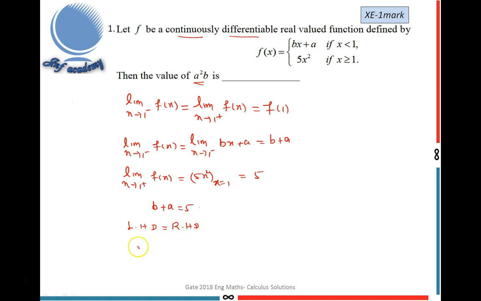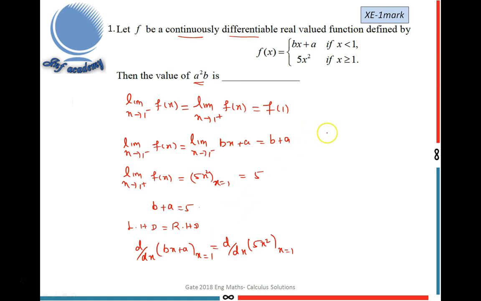That means d by dx of the left hand piece, x less than 1, d by dx of bx plus a at x equal to 1, is equal to d by dx of the right hand piece, x greater than 1, the function 5x square at x equal to 1, because the function f of x is a differentiable real valued function.